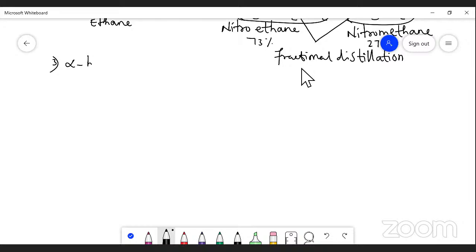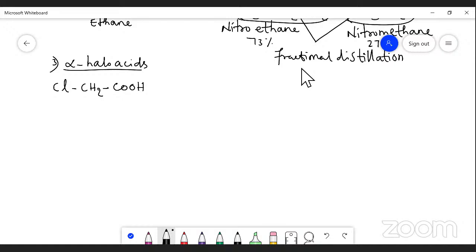preparation from alpha halo acids. What does alpha halo acid mean? In the alpha position, one hydrogen is substituted by a halo group, and we can say alpha halo acid. For example, ClCH2COOH.